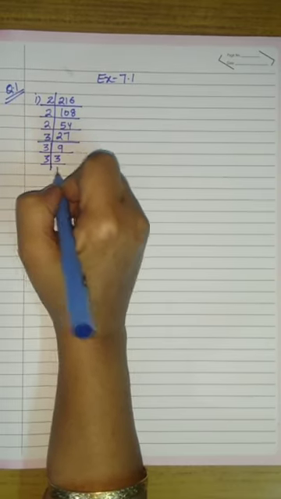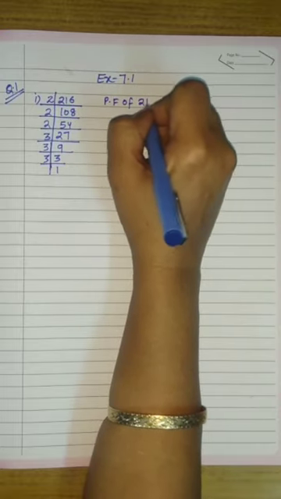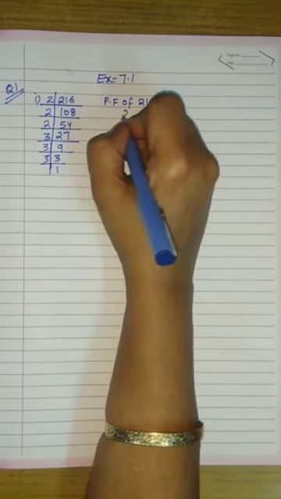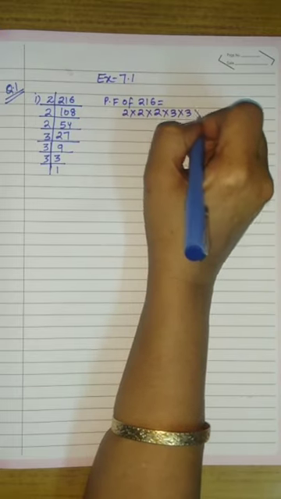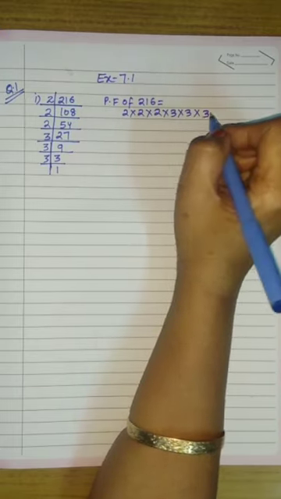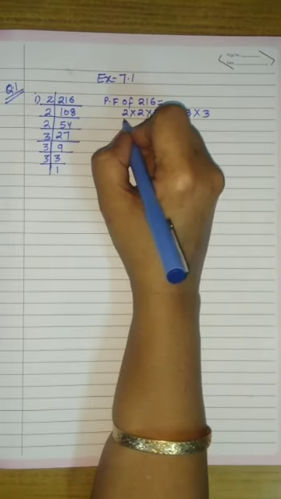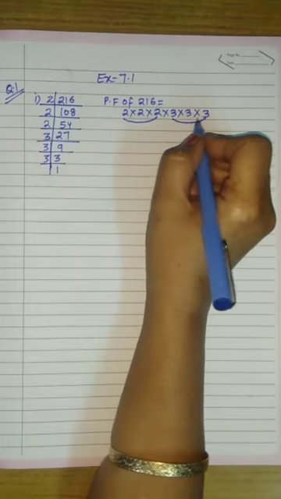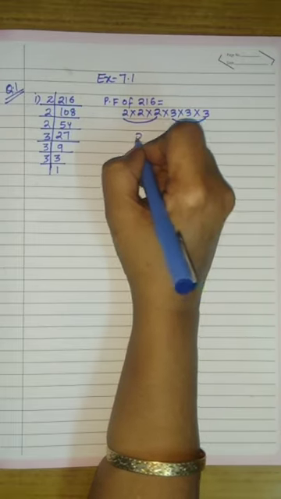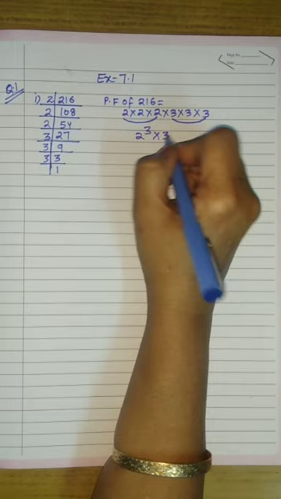So we got 1 in the last, and now we will write the prime factors of 216, which is equal to 2 into 2 into 2, then 3 into 3 into 3. So all the numbers are occurring in triplet form. You can write the prime factors of 216 as 2 cube into 3 cube.